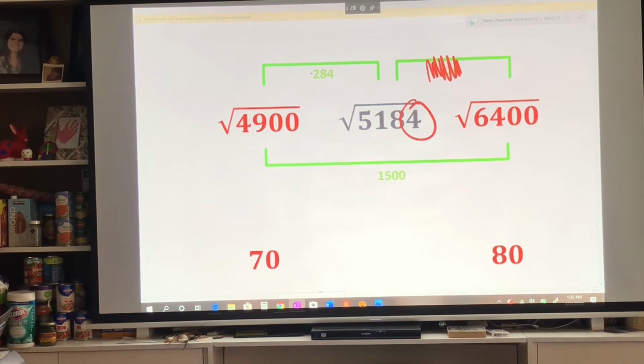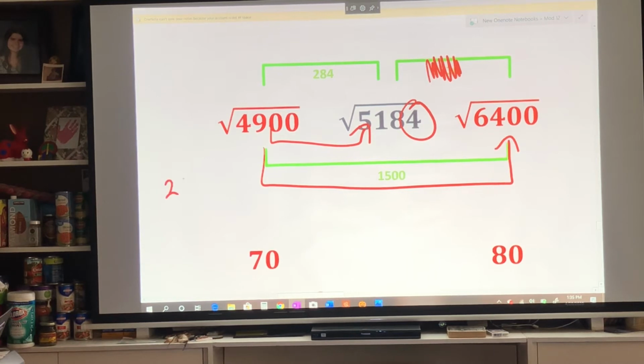And if you look here, you can see that it's 284 from here to here, and it's 1500 all the way over here. So if it's 284 over 1500, 300 over 1500 would be 1/5, that's 0.2. We're close to here.